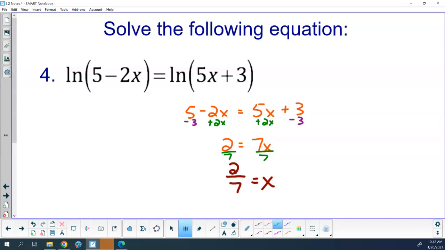So we get 2 sevenths. Checking it, 5 minus 4 sevenths is 31 sevenths. 10 sevenths plus 21 sevenths is 31 sevenths. Works out.